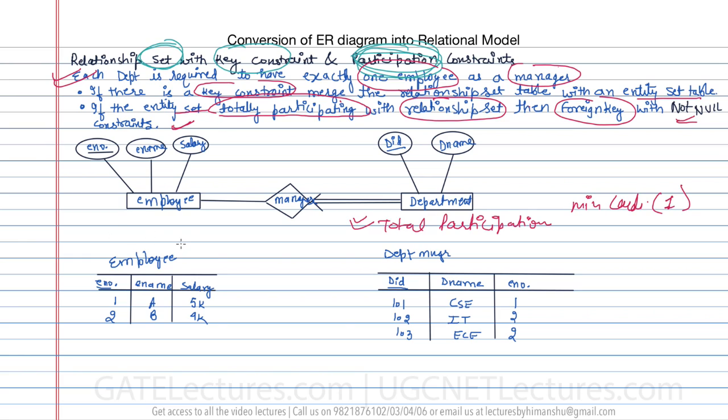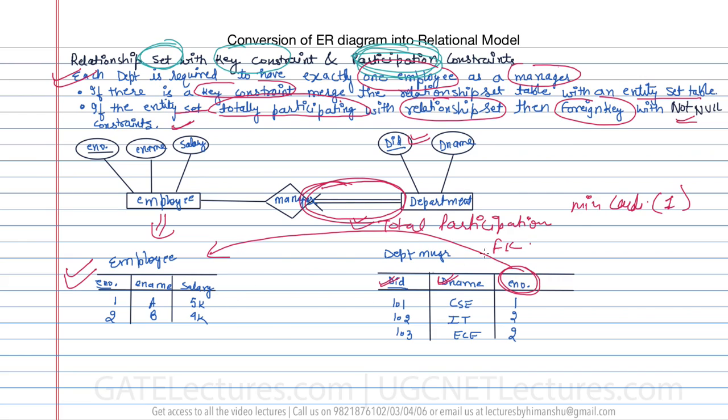If you check this out, let us see what we have done. If you have a total participation here, then for employee we can create a table like this only, but for the total participating side, we are going to create this department ID, we are going to create the department name, and because it is a total participating side, we have to include a foreign key from this.